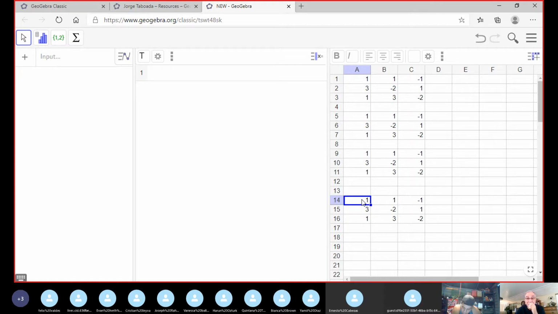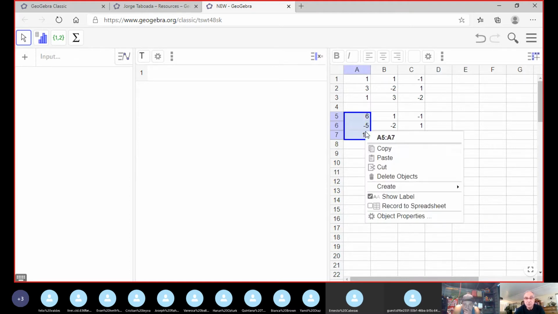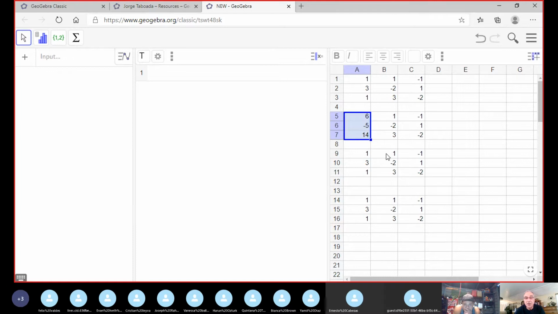So you replace the first column by 6, and -5, and 14. Okay. Now to save time, I copy down, copy, and paste here. Control B. Boom. I have my 4 made.